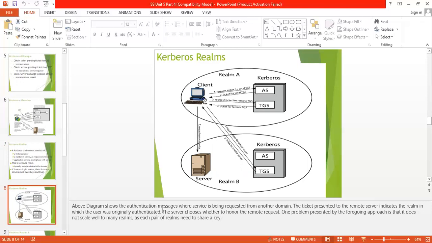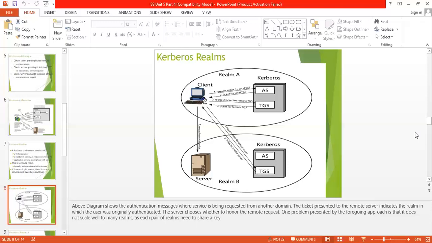So in this diagram, in an authentication message where a service is being requested from another domain, the ticket presented for the remote user indicates the realm in which the user was originally authenticated. The server chooses whether to honor the remote request.